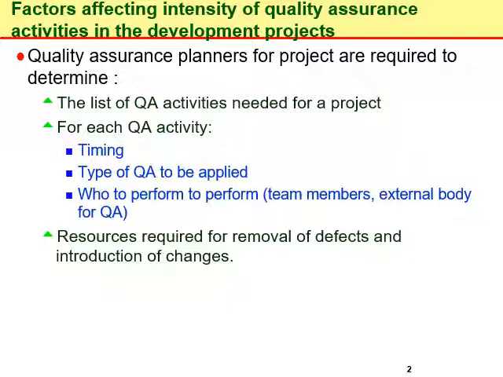From the discussion on life cycle models and quality assurance activities, we know that project life cycle quality assurance activities are in fact process oriented. That is, they're linked to the completion of project phases, accomplishment of different milestones of the project and so on.